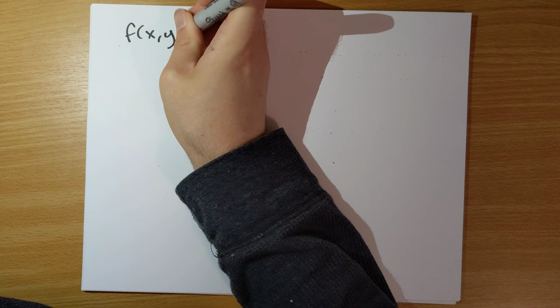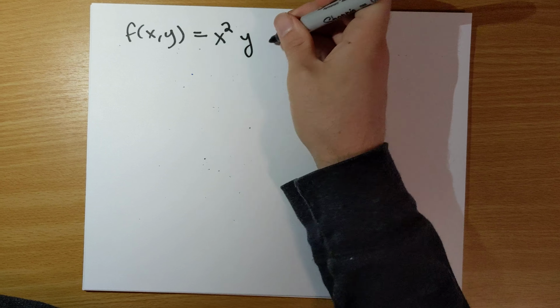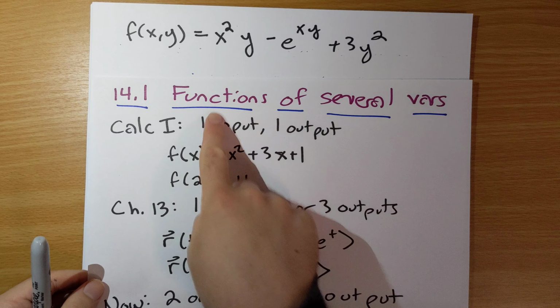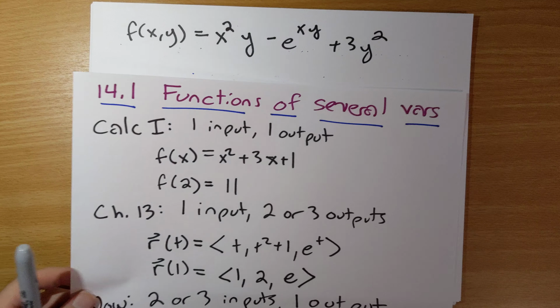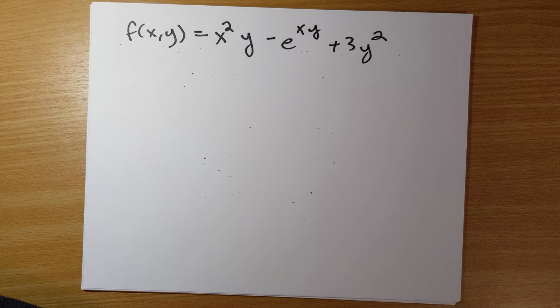We might have f of x, y is equal to x squared y minus e to the xy plus 3y squared. So this is a function of 2 variables. We're going to be dealing with, as the section title promised, functions of several variables. This is a function of 2 variables.